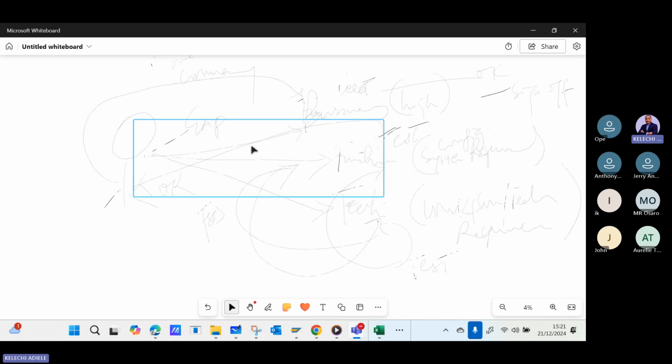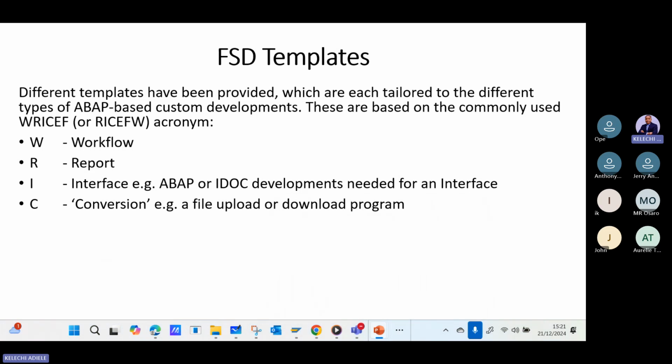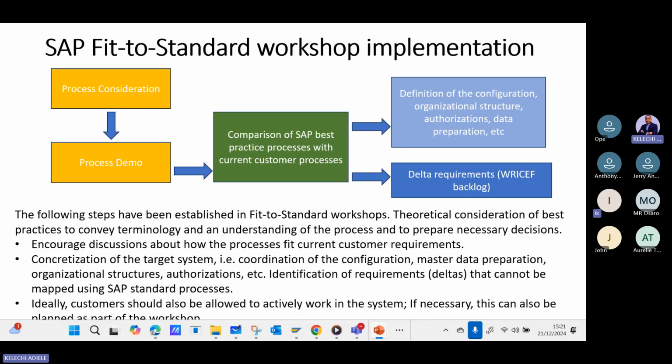Remember, if you look back here, let me take you back to this note. I said that in this process, when you're done with your comparison and gap and fit, you go to configuration and you need to start working on closing those gaps.